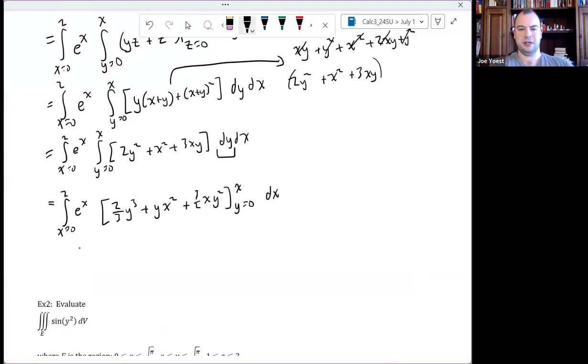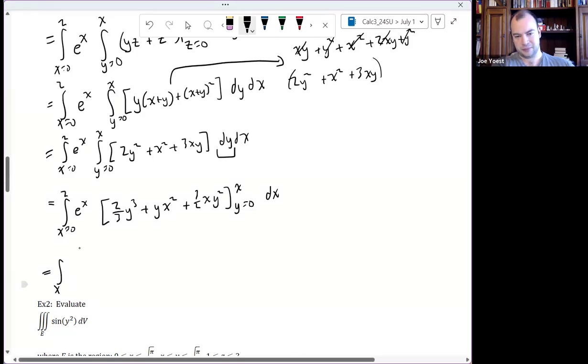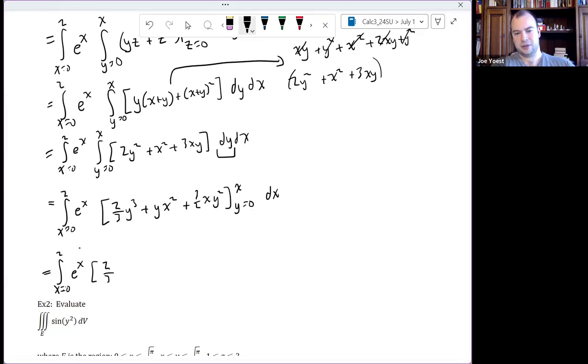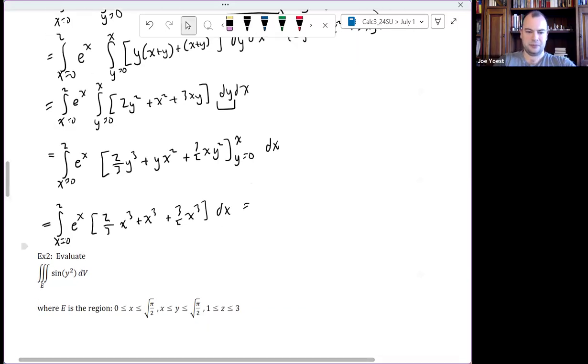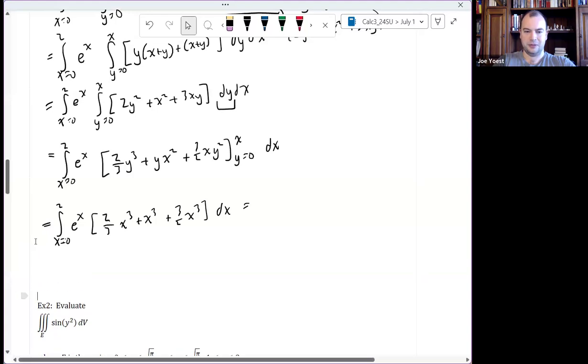And of course, everything has a factor of y in it, so the y equals 0 is going to zero out. And when we swap in y equals x, I get 2/3 x cubed plus x cubed plus 3/2 x cubed dx. Need a little more room here.